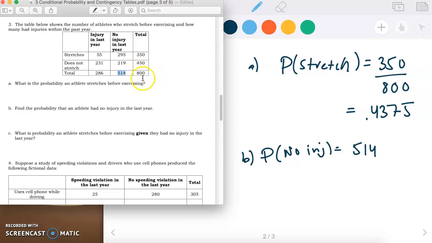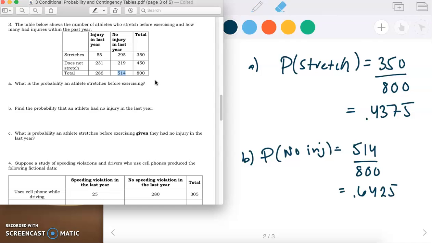And this 800 is our total number of athletes in this survey. So 514 divided by 800. And when we do that, we get 0.6425. So we would say that the probability of not getting an injury is about 0.6425.